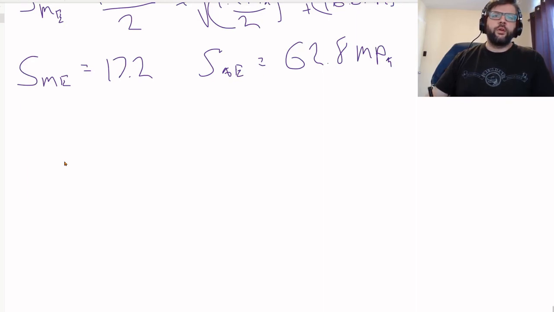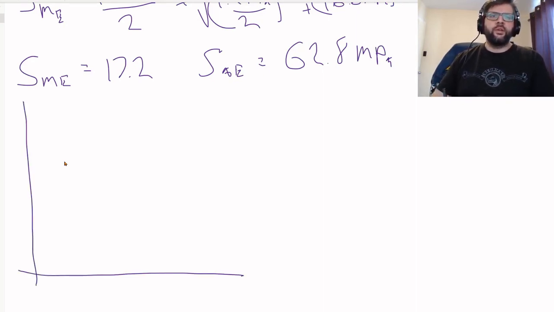So if we were to chart our Goodman graph, we'd have a yield line somewhere. And what sort of values do we have here? So our yield strength is going to be 750 MPa.